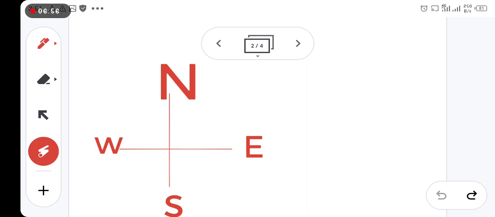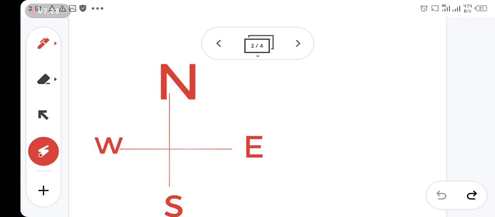We start from the north pole and move in the clockwise direction. From north to east is 90 degree, from east to south is another 90 degree, so from north to south it's 180 degree. The west here is 270 degree, and we represent north with 0 degree.